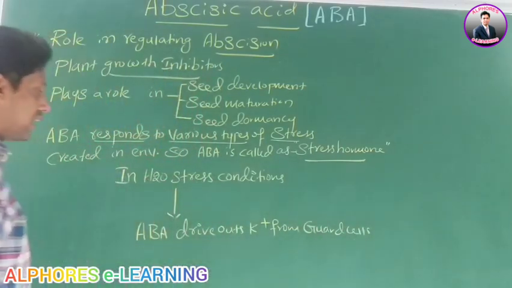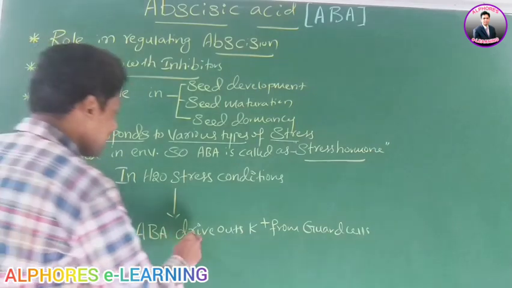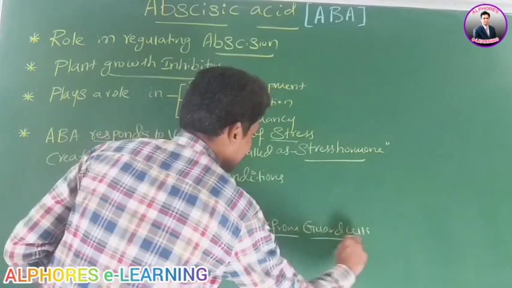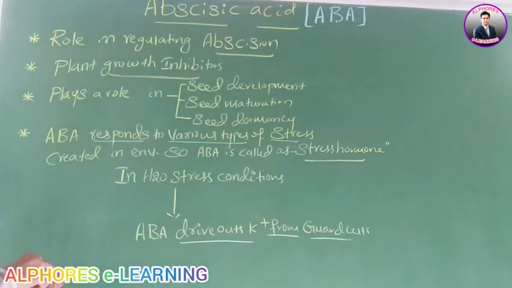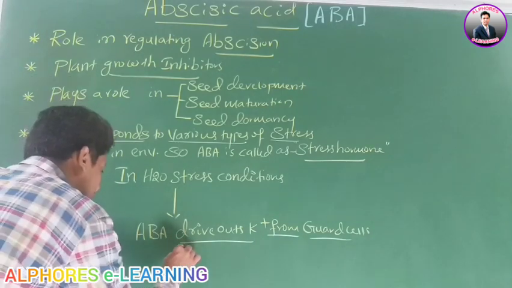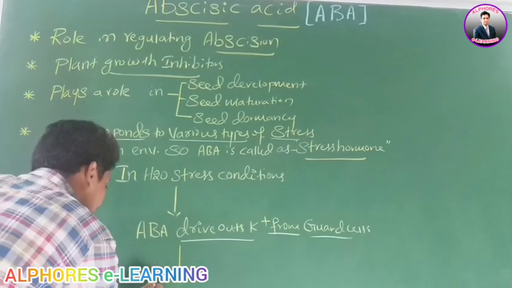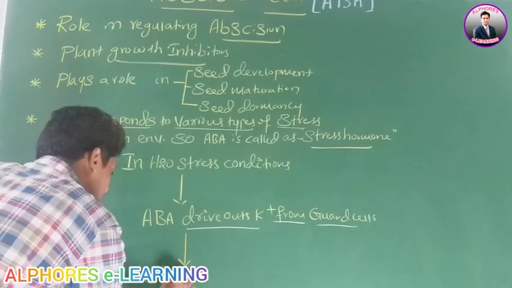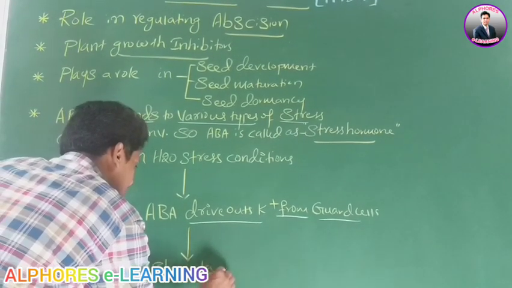Is this statement okay? It means the K plus ions are going to come out from which cells? Guard cells. So what happens? Stomata get closed.